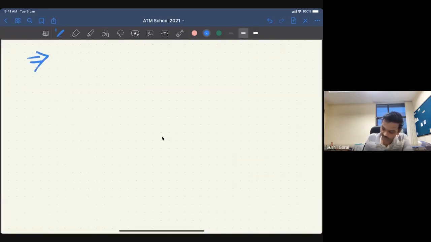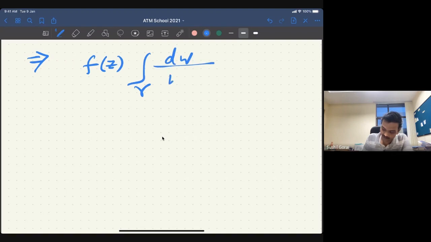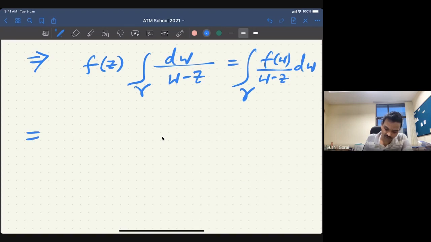This implies f(z) times the integration over gamma of dw by (w minus z) is equal to the integration over gamma of f(w) by (w minus z) dw, right? So this part gives you the index.